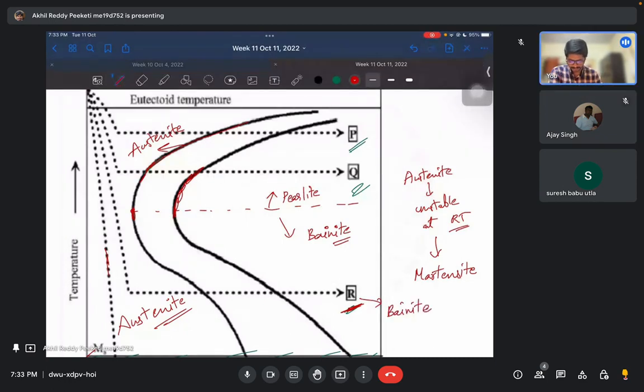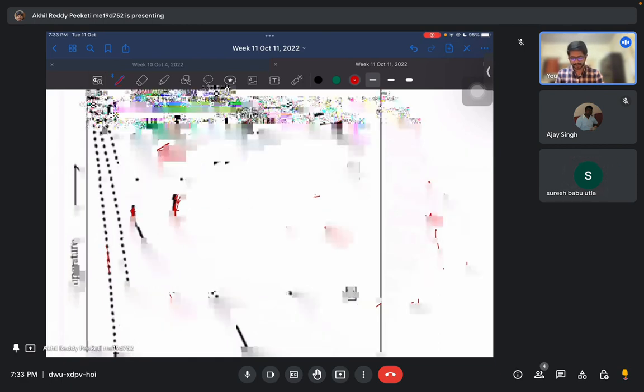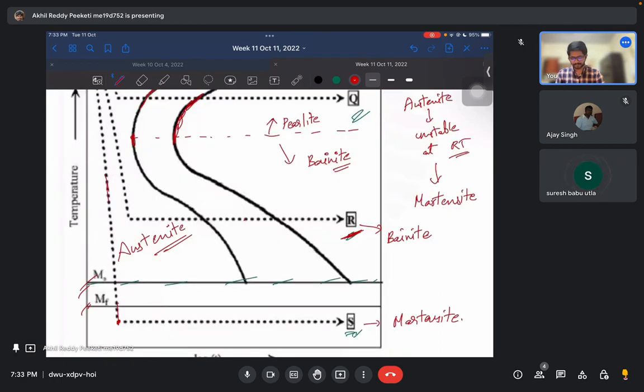Basically, if you are going along horizontal lines, that means you are allowing the material to transform slowly. When you give enough time, austenite will slowly convert to bainite. But if you stop in the middle and then suddenly cool from here, what will happen?